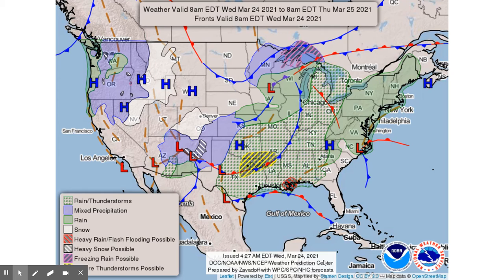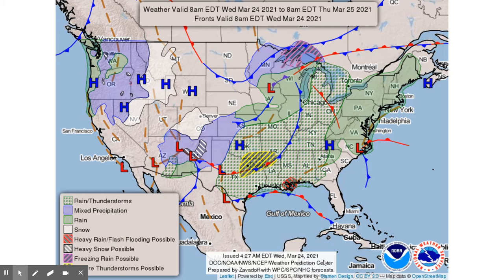So, for example, if it's 80 degrees in San Antonio today, we may have a cold front that blows through, creates a couple of storms, and then the next day it's down in the 70s. So what that means is that an air mass of colder air moved into the area and kind of pushed the warm air out of the way, and the cold air came in and took its place.